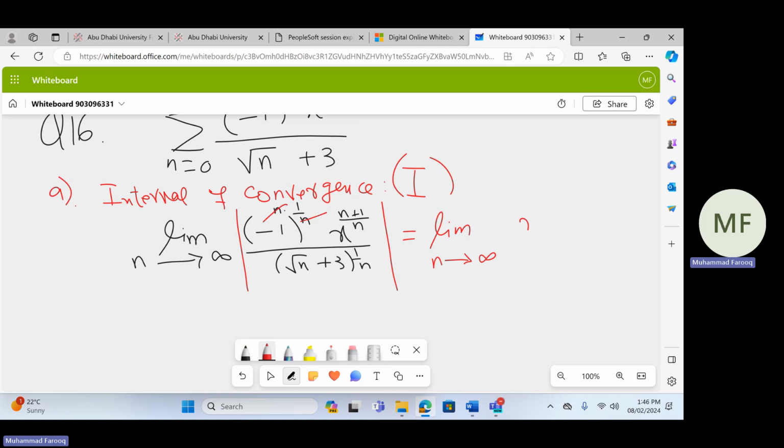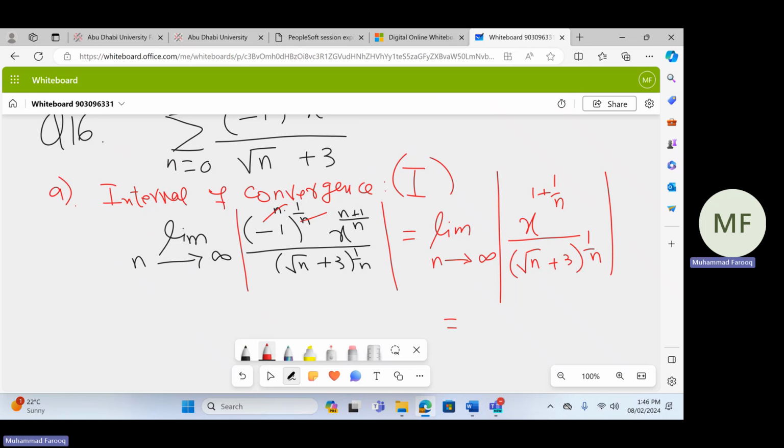This x has power 1 plus 1 by n. And here in the denominator, n plus 3 over 1 by n, it has no absolute value. Now if you apply the limits, 1 over infinity is 0, so you have x power 1.